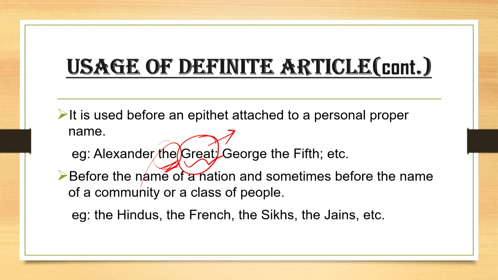Similarly, George the 5th, and so on. Now, before the name of a nation and sometimes before the name of a community or a class of people. For example, the Hindus, the French, the Sikhs, the Jains, etc.